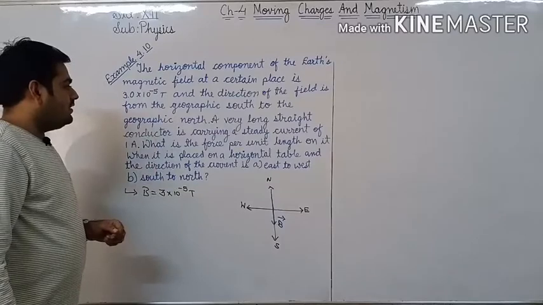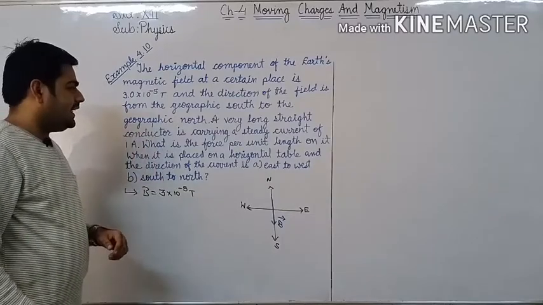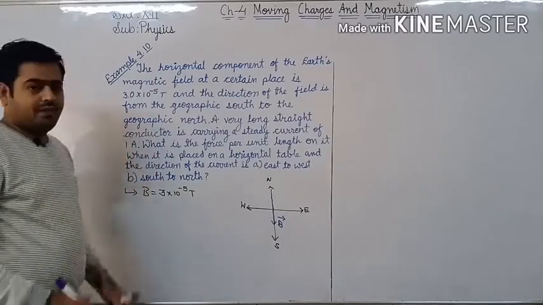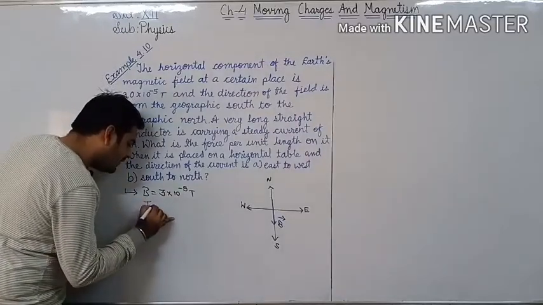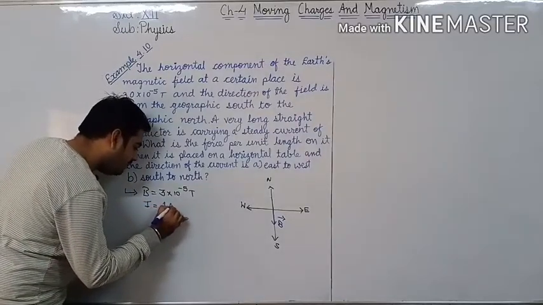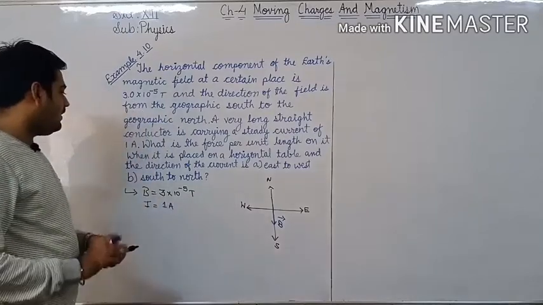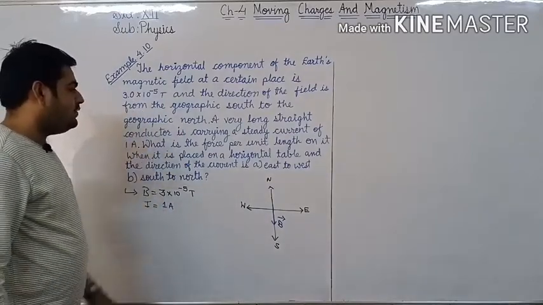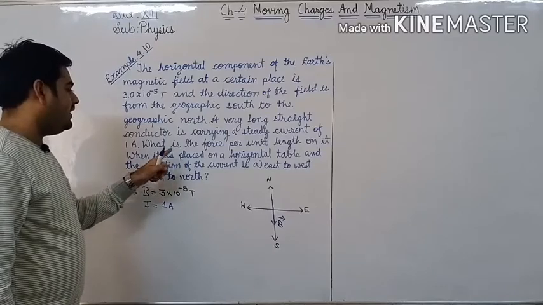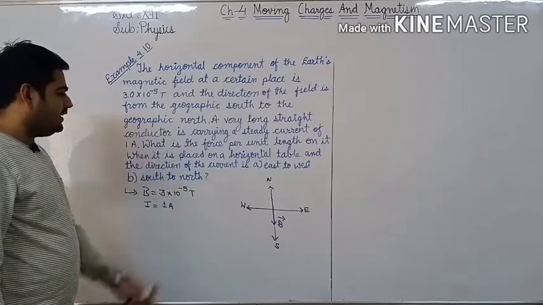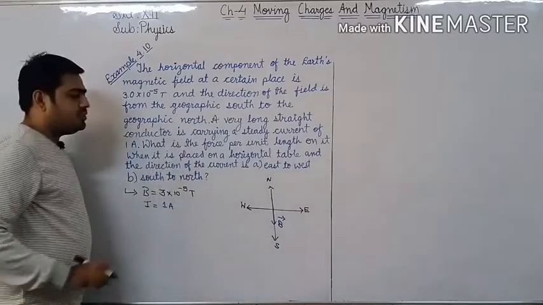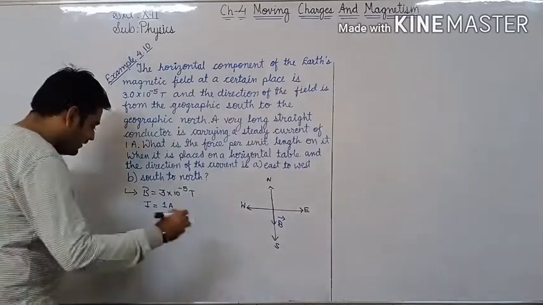A very long straight conductor is carrying a steady current of 1 ampere. Current that is given to us, I is equal to 1 ampere. What is the force per unit length on it when it is placed on a horizontal table and the direction of the current is? They are asking us to find force per unit length.